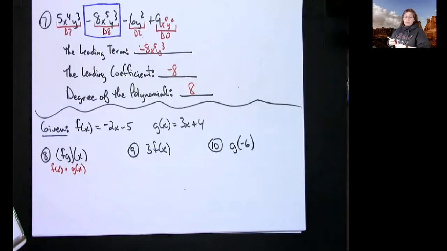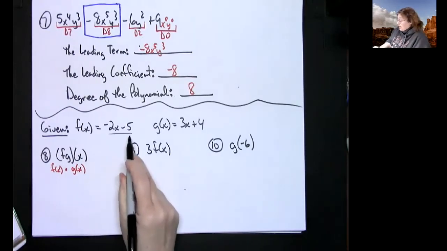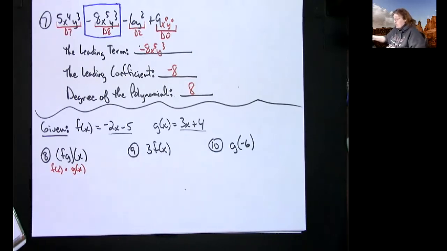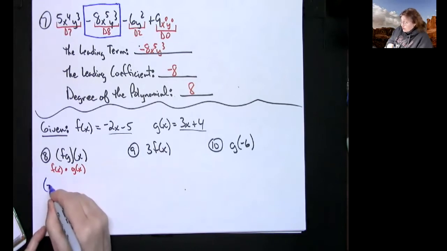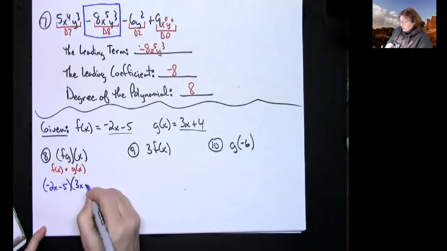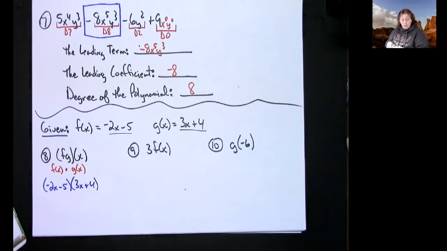F and g are not the variables, they are the names of those functions. This happens to be a binomial, and this happens to be a binomial, so this is no more than multiplying two binomials: negative 2x minus 5 times 3x plus 4. That would be a nice little FOIL.